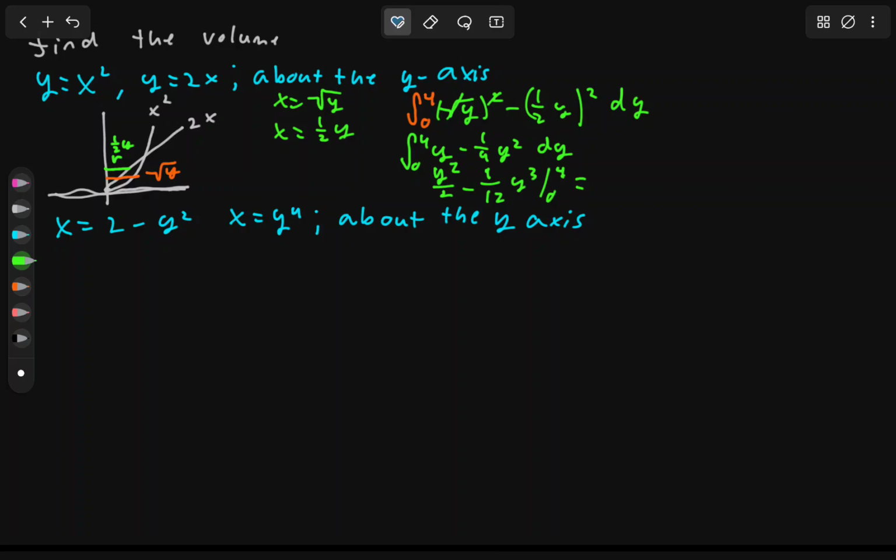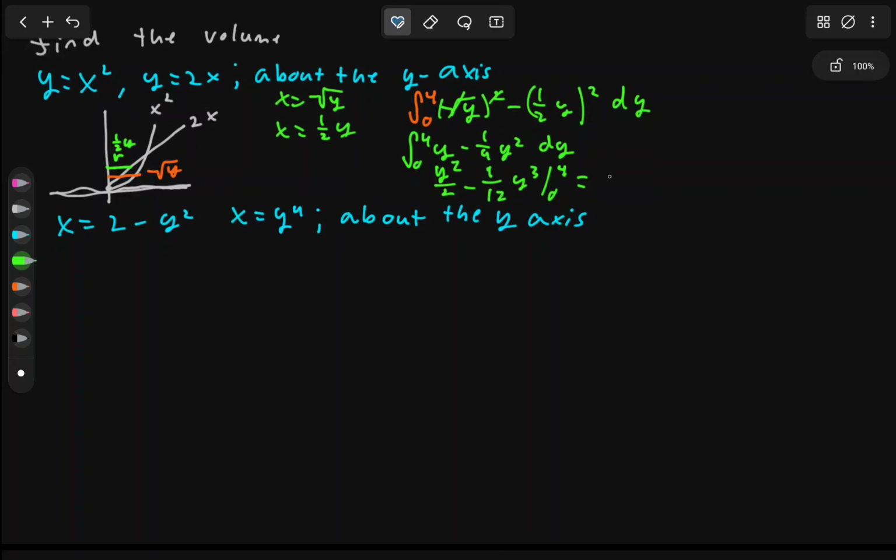So we just have to evaluate this at 4. So 4 squared is 16. 16 divided by 2 is 8. 8 minus, well, 4 cubed is 64, divided by 12, I don't think that cleanly goes into that. So we get an answer of 8 minus 5 1/3.